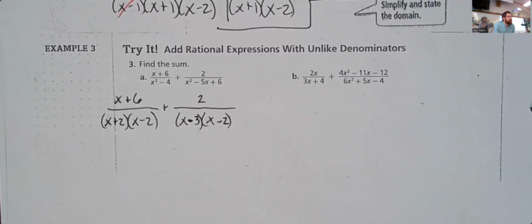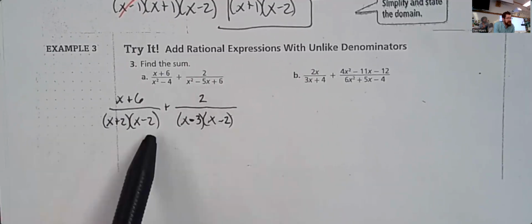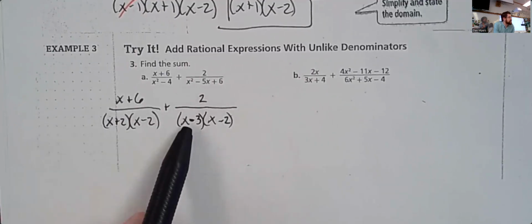How many binomials do we need for our least common multiple? Listen up. How many binomials do we need for our least common multiple? 3, yeah. x plus 2, x minus 2, and x minus 3.